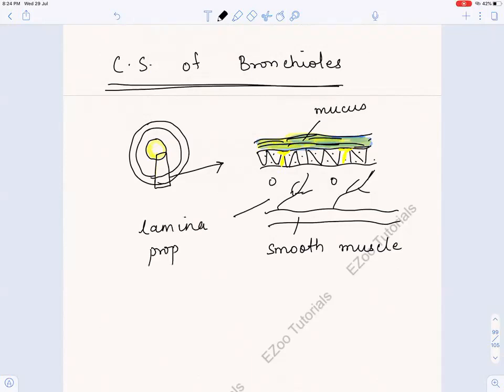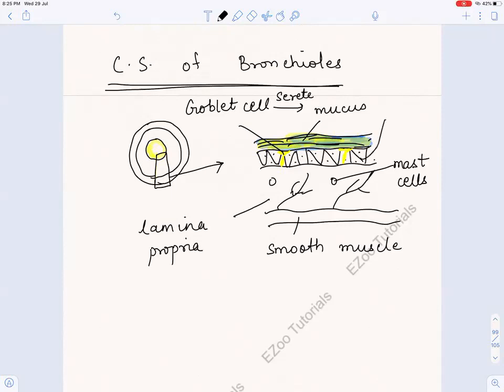And these are the mast cells. I'll tell you about mast cells, why I have drawn them and what they are doing. And these are the goblet cells, and you know what goblet cells do? Yes, they secrete mucus. You already know this.